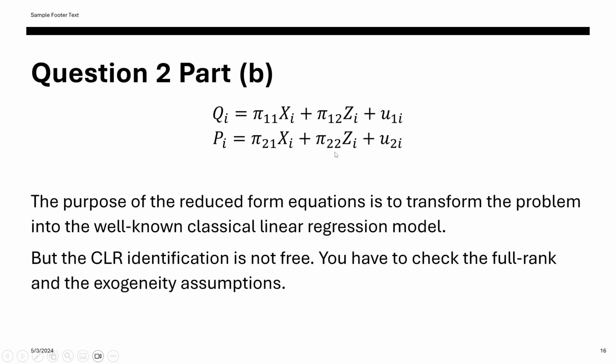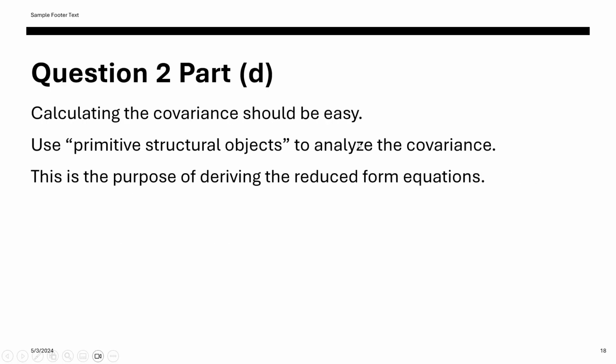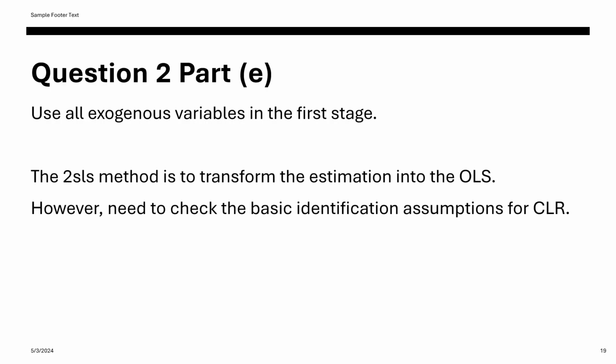Use this and calculate the covariance based on this. Of course, U2 also depends on epsilon and psi, so use only the structural objects. Then it'll be simple. Keep that in mind: you are going to replace endogenous variables with underlying variables.